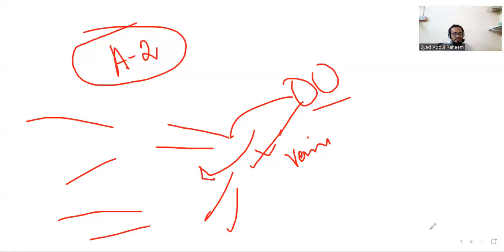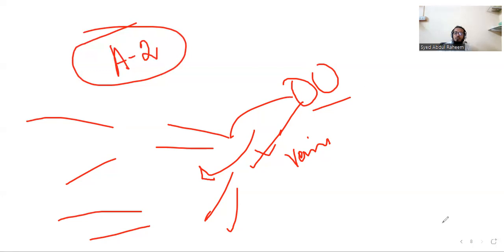So A2 works very well to remove the impurities within the cell with the help of veins. The collection of deoxygenated blood, whether from the body or from the lungs, is very necessary. That is the one thing you have to remember.